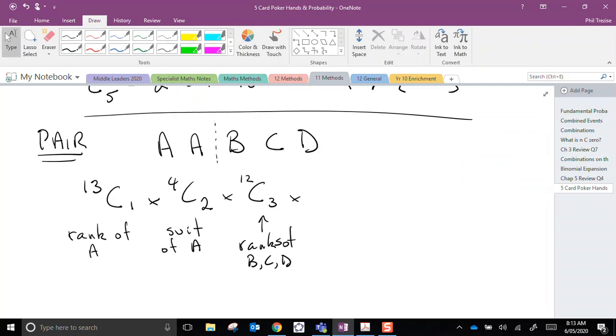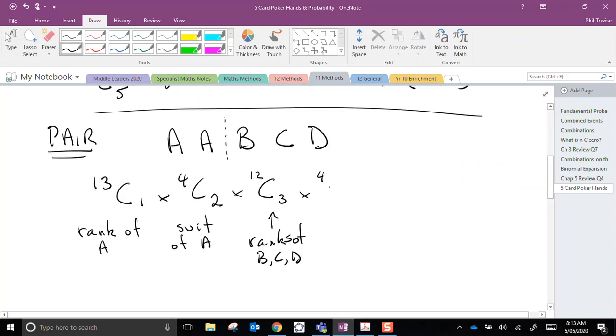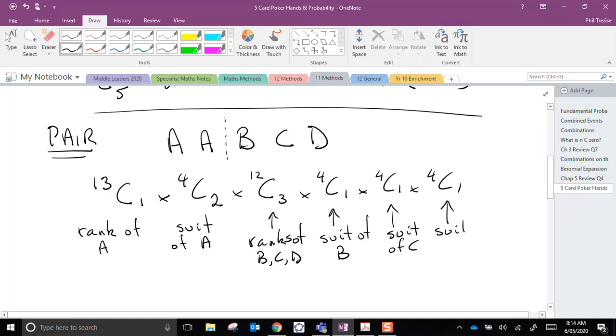So for card B, I have 4 choose 1, and that will be the suit of card B. But of course, I also have to worry about how many ways I could choose the suit of card C. And finally, there are 4 choose 1 ways to get the suit of card D.